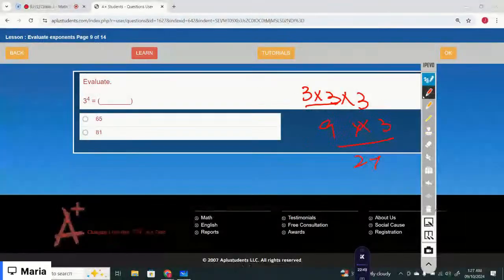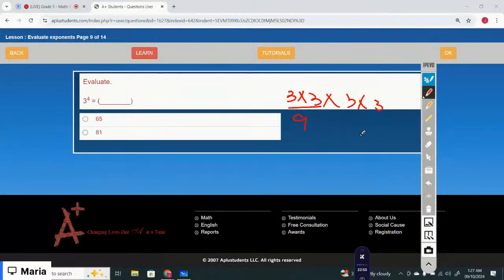That is 3 times 3 times 3 times 3. So 3 times 3 is 9. Then 9 times 3 is 27.